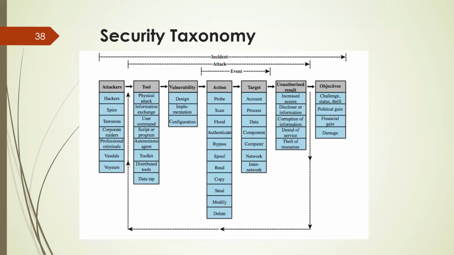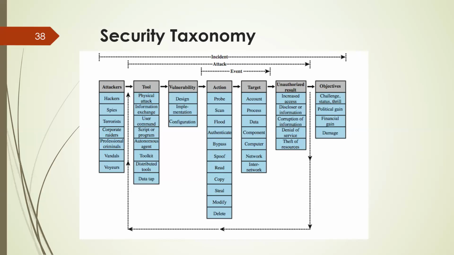As an effect of hackers breaking into a system, they have unauthorized access to all kinds of information. Here we see increased access, which is one of the unauthorized results. We also have disclosure of information and corruption of information.